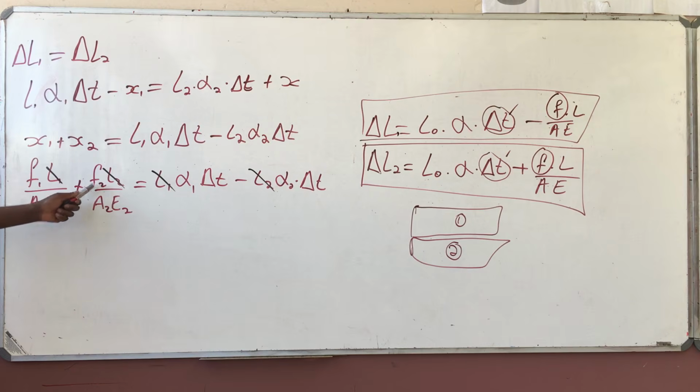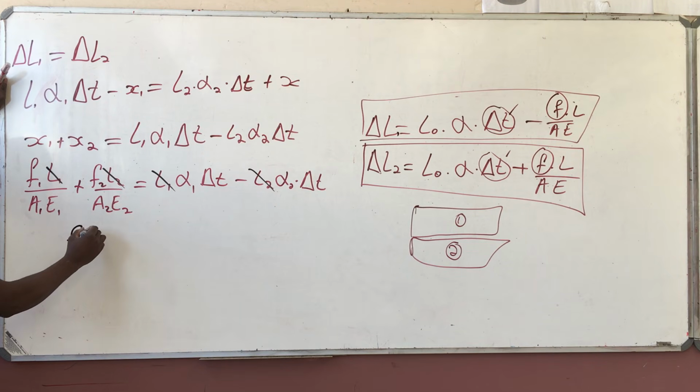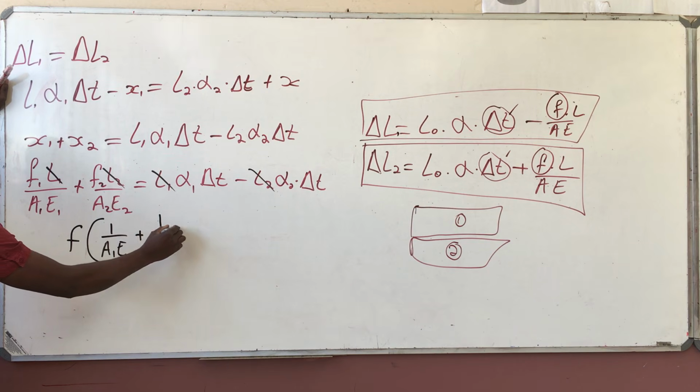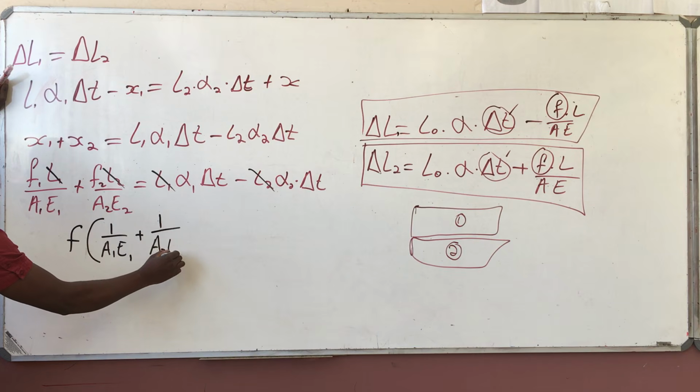You know mathematics better than I do. So what did you say about F1 and F2? They're the same, meaning we can take a common factor. So F times 1 over A1 E1 plus 1 over A2 E2.